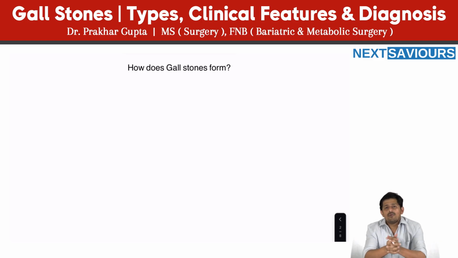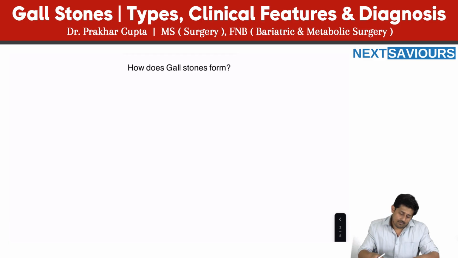Now another very important topic for both of your exams is how and why gallstones form. So in the last slide we talked about several varieties of gallstones, and we briefly discussed pigment stone formation. Now we will discuss how mixed and cholesterol stones are formed.